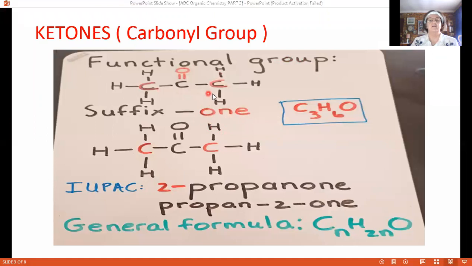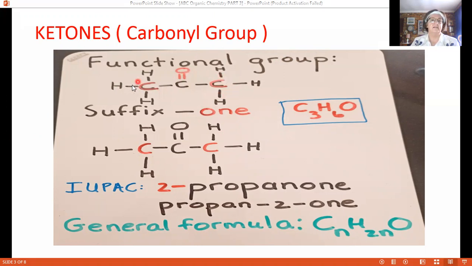If you look at the 3 carbons here, it is prop, and it is at the second carbon. So it's 2-propanone, the suffix being -one. You can also write it as propan-2-one. In this example, we didn't need to number the carbon atoms because there are only 3. You cannot get a ketone with less than 3 carbons because the carbon has to be between 2 carbon atoms.